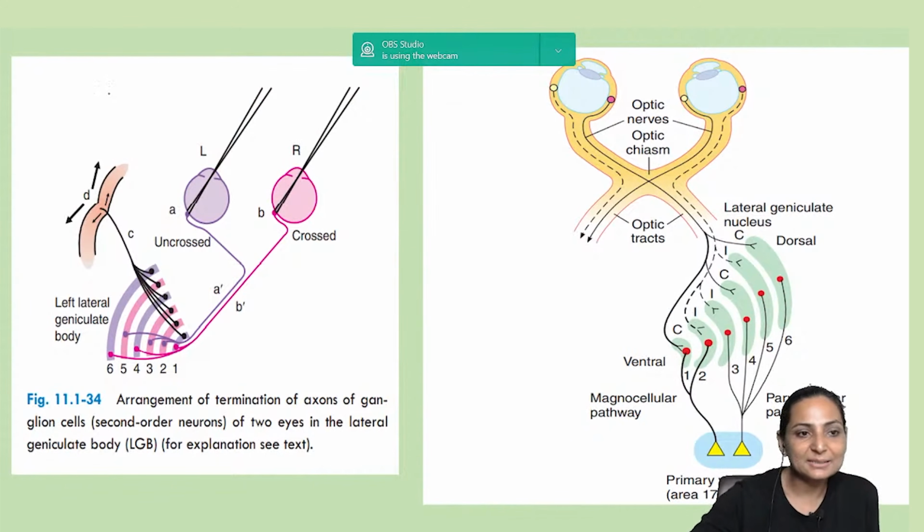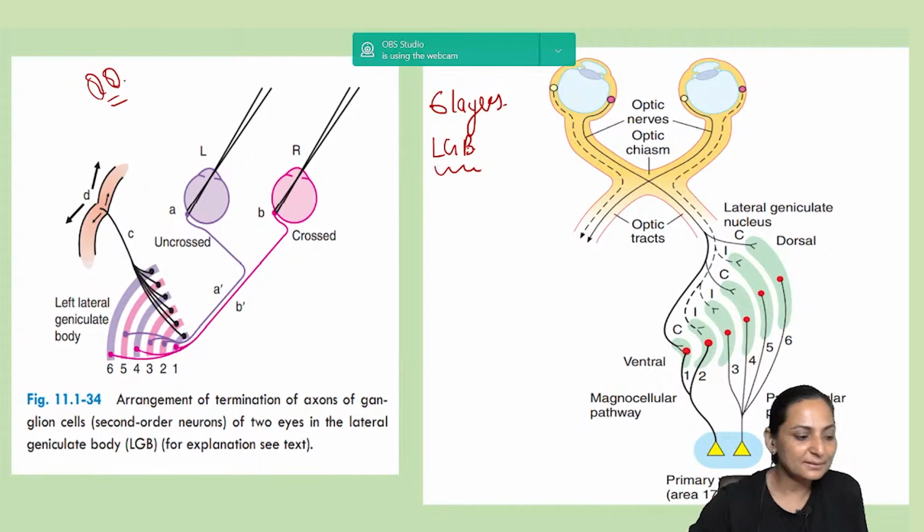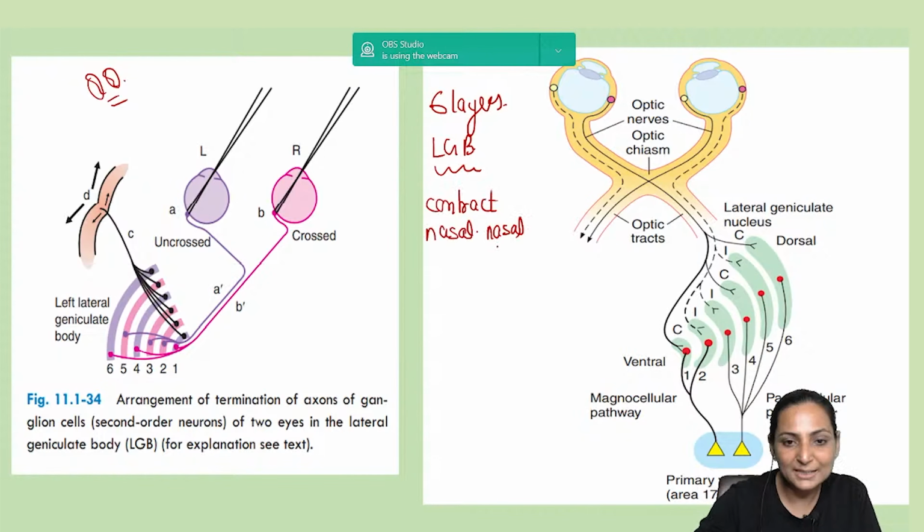Now, this is again very, very important. There are 6 layers in the lateral geniculate body, and the contralateral nasal fibers terminate on lamina 1, 4 and 6 of the lateral geniculate body.